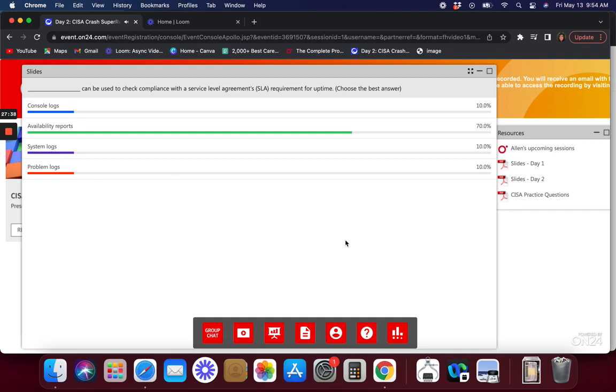All of these could be used. However, RTFQ, read the full question, look at what it's actually asking for. It's not just asking about general information, it's asking about uptime requirements. And the best answer for uptime requirements would be availability reports, which is where our uptime is documented, because it shows how much of our time was down.